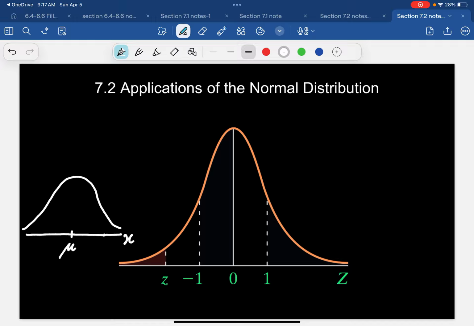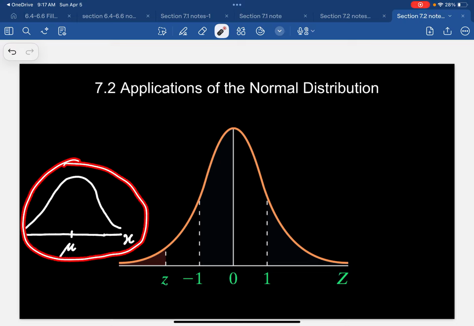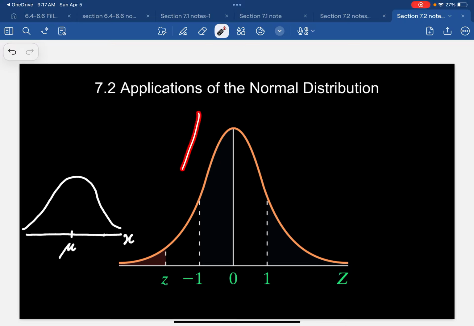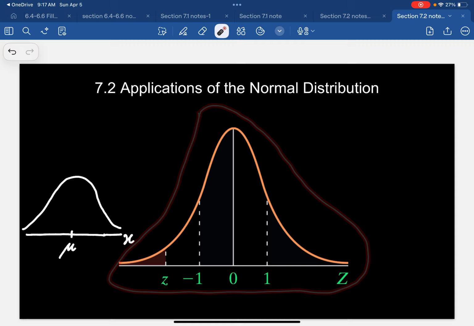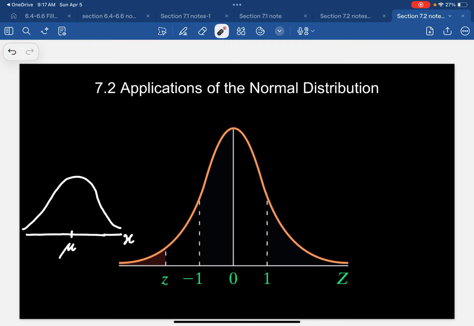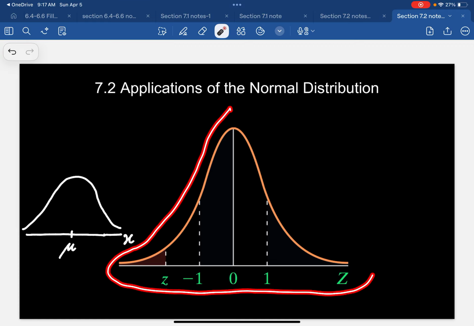But in this section 7.2, we are going to convert the regular normal distribution to the standard normal distribution, which is this. What is the reason behind that? Because the standard normal distribution is easy to work with, and this one is kind of a role model for all normal distributions.